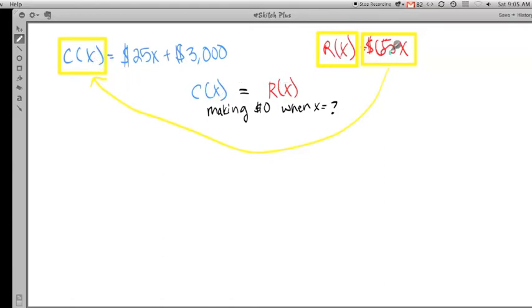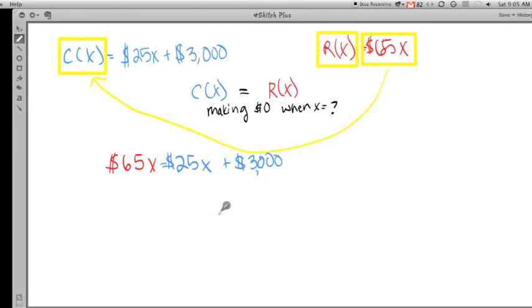So instead of c of x, we put r of x, which we know is $65x. So that 65x is equal to $25 times x plus $3,000.